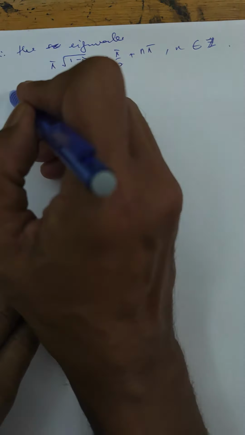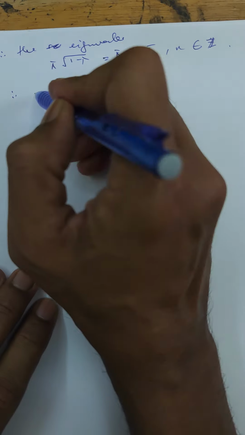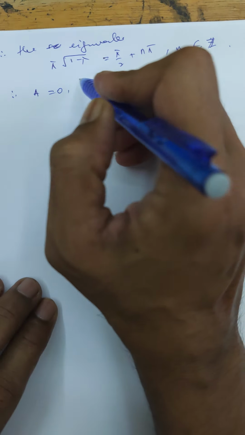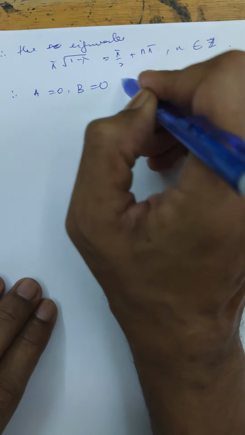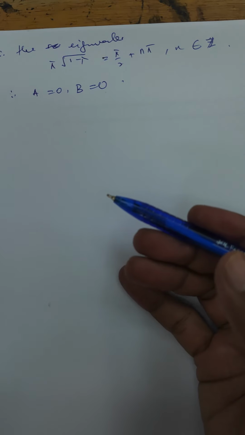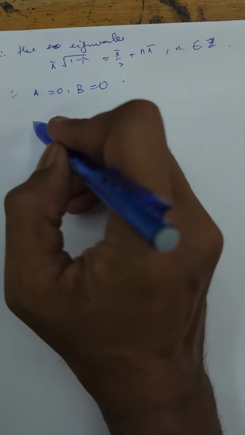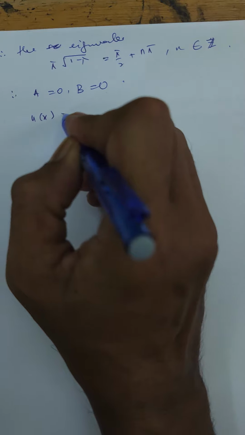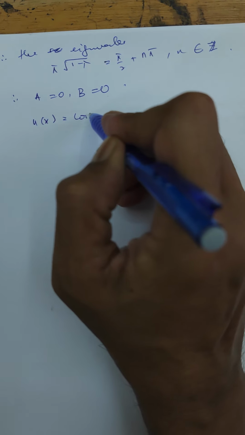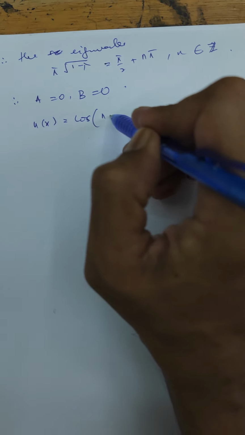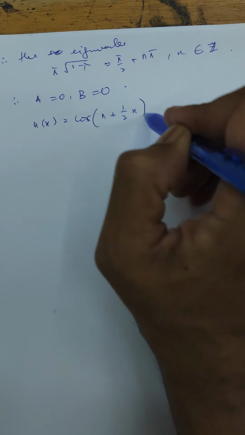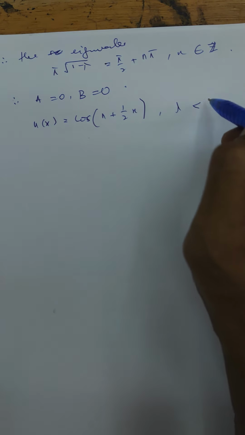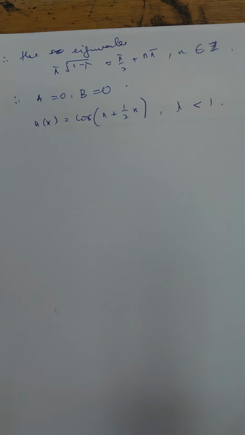So therefore we have a equal to 0, b arbitrary, and hence the infinite number of solutions for our integral equation is given as u(x) equal to cos((n plus 1/2)x) for lambda less than 1.